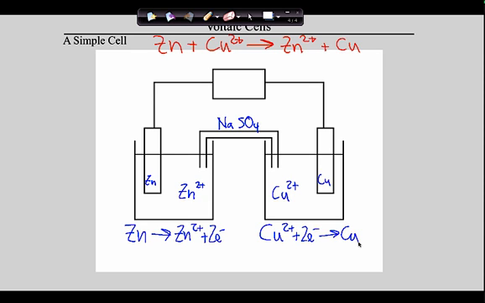So, guys, again, what is happening over here? Oxidation. Oxidation is the loss of electrons. So let's label that. This is our oxidation cell. Then, guys, over here in the right-hand cell, we have reduction, which is the gaining of electrons. So we're going to have oxidation take place on the left. We're going to have reduction take place on the right.